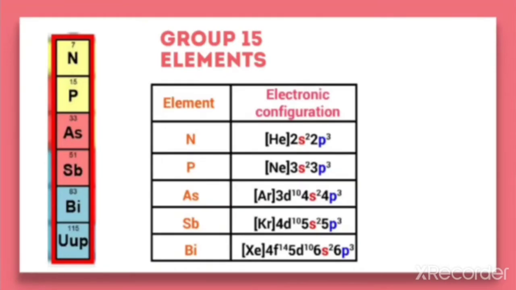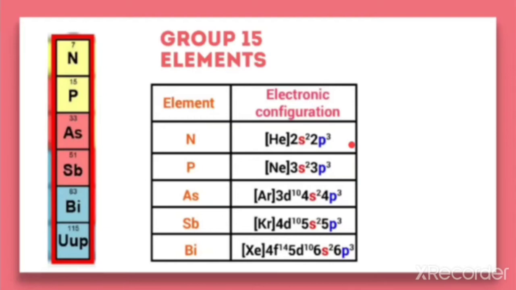When we write the electronic configuration for these elements, it will be in this way. The atoms of group 15 have 5 electrons in the outermost shell, that is 2 electrons in the s and 3 electrons in the p. So when you look at the configuration here, it is clear that it has 5 valence electrons. In the case of nitrogen, the last electron is in p.